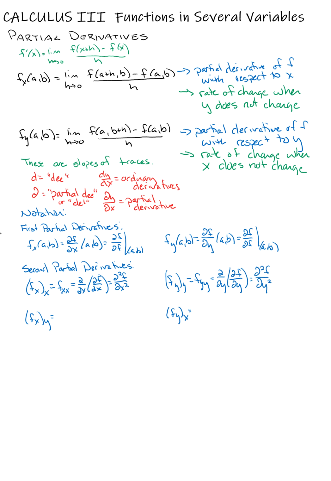Now, what about if I have the derivative with respect to x the first time, with respect to y the second time? Well, again, the subscript notation is f sub x y. And so what this means is we're going to take the partial derivative with respect to y of the partial derivative of f with respect to x. So notice how at this point the notation gets turned around.